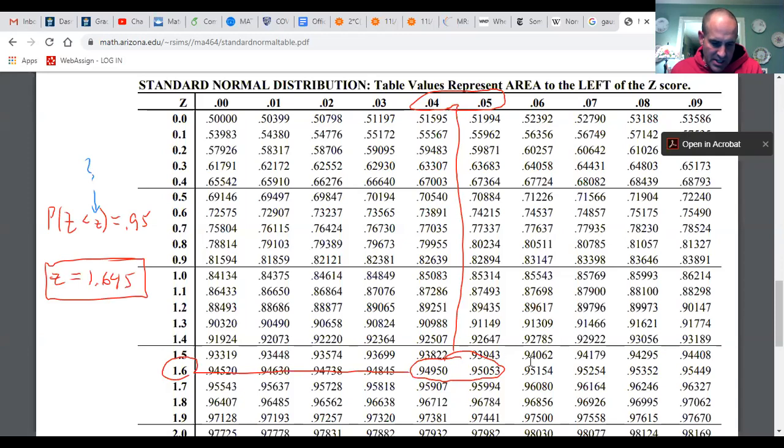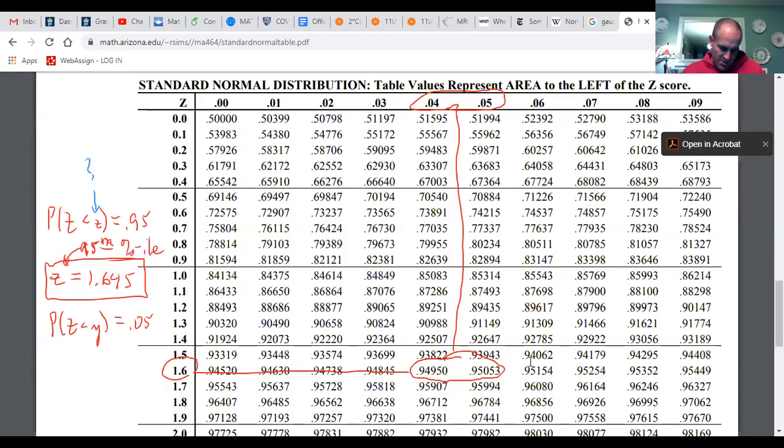Okay. And then remember what was the deal with our Y? We wanted a Y such that the probability of Z less than Y was equal to 0.05. That was the 5th percentile. So this was the 95th percentile, right?